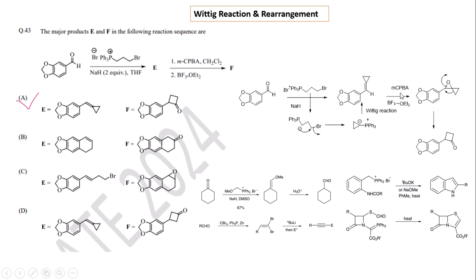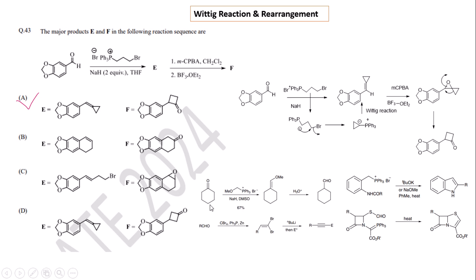We know that mCPBA is an epoxidizing agent. It produces the epoxide in the presence of the alkene functionality, and a spirocyclic ring is formed. These spirocyclic compounds, in the presence of BF3 etherate, that is the Lewis acid, undergo rearrangement to give the cyclobutanone derivative. So option A is correct.